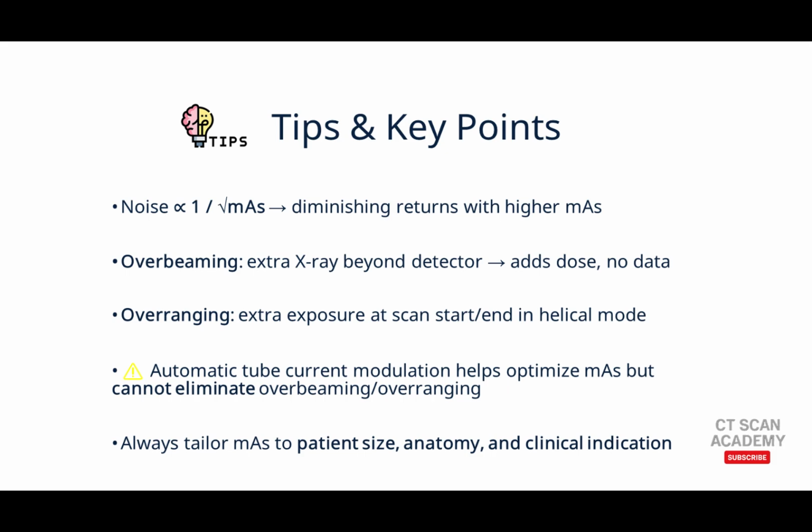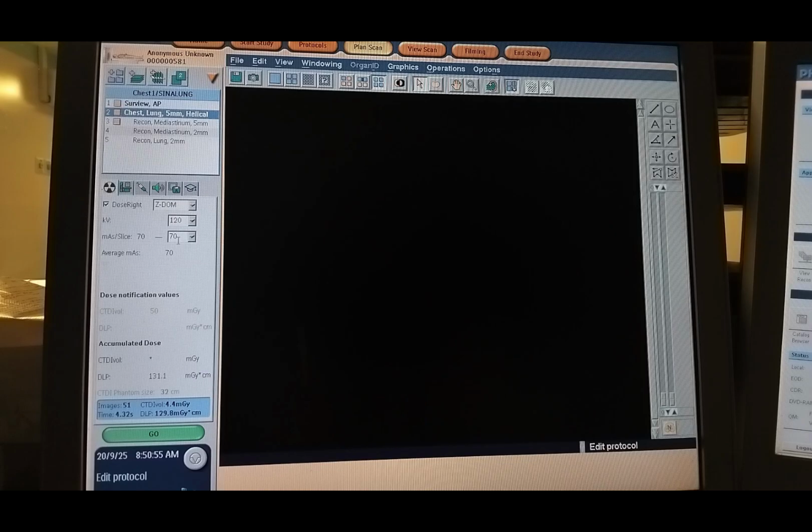Beware of scanner phenomena that add dose without image benefit. Overbeaming is extra radiation outside detector width, and overranging is extra radiation at the start and end of helical scans. Automatic tube current modulation helps optimize mAs, but cannot eliminate overbeaming or overranging entirely.